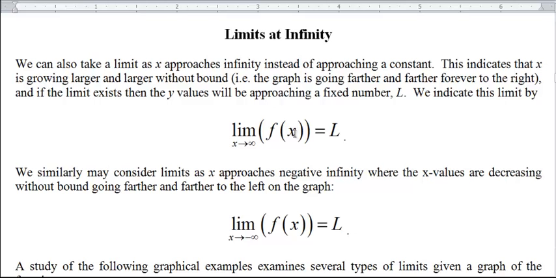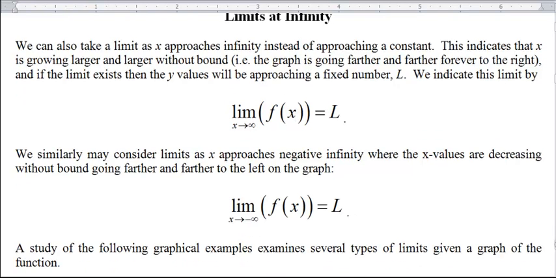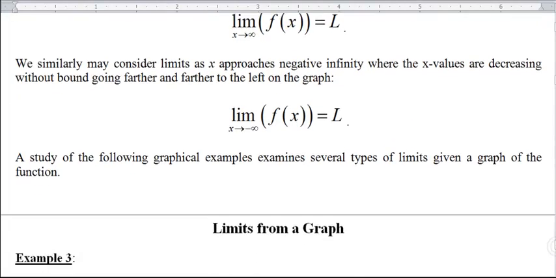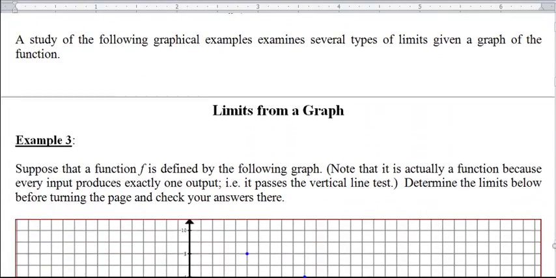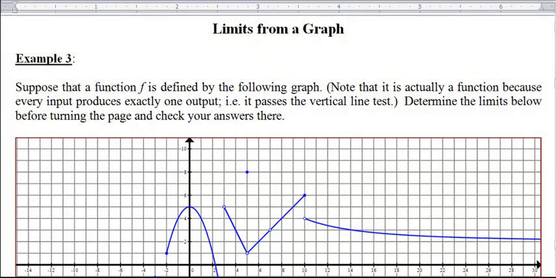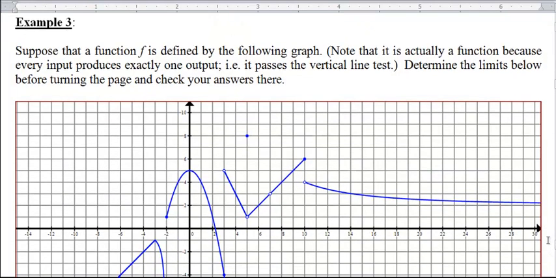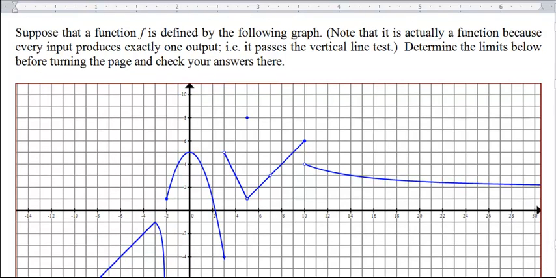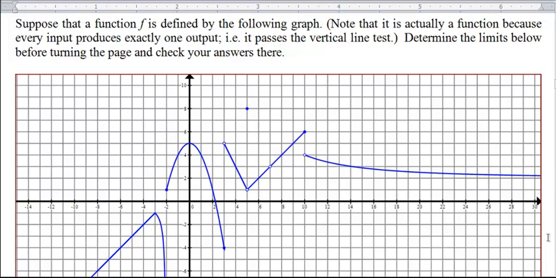So let's look at this in a graphical example or two. Here we have some limits from a graph. Suppose that f is a function defined by this particular graph. The formula might be kind of complicated because it's made up of lots of pieces.